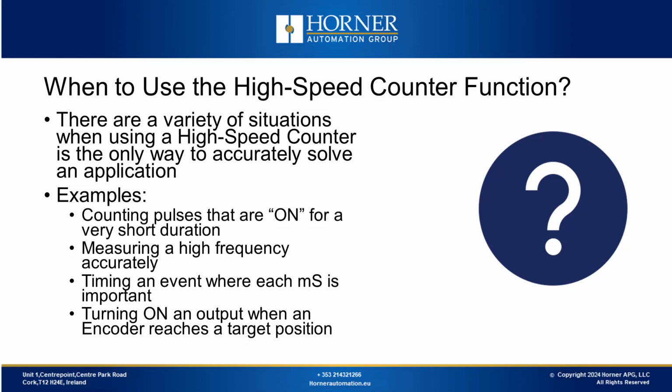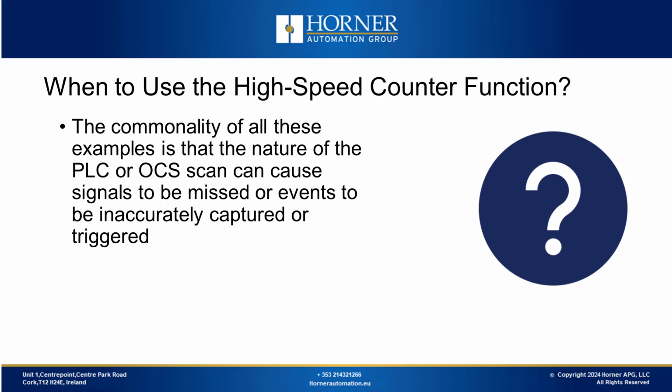A high-speed counter is also needed to turn on a digital output when an encoder reaches a specific target position. In each of these examples, a high-speed counter is needed. This is because if the signals of these applications are wired to standard PLC inputs alone, it can cause signals to be missed or events to be inaccurately captured or triggered.